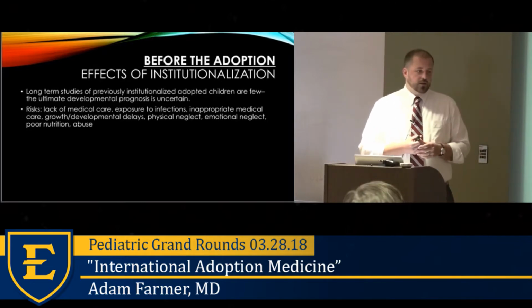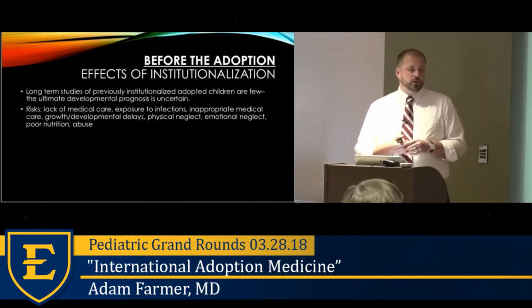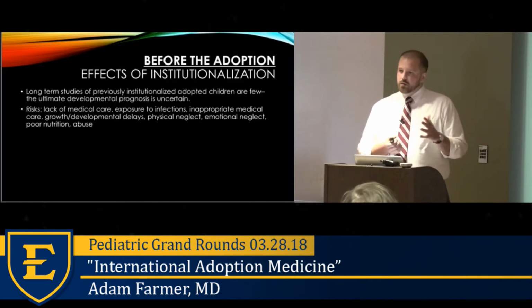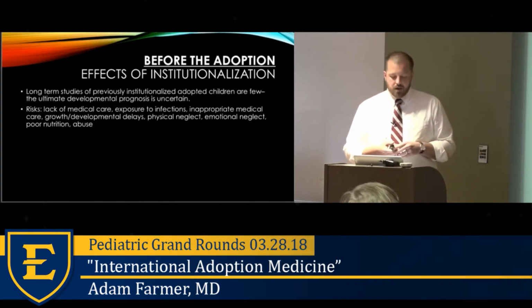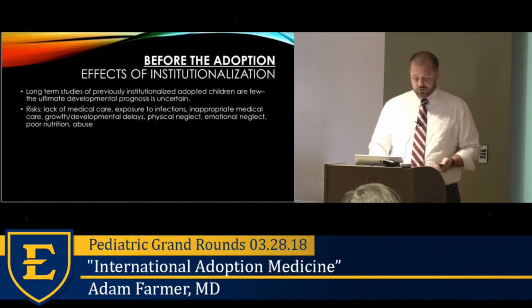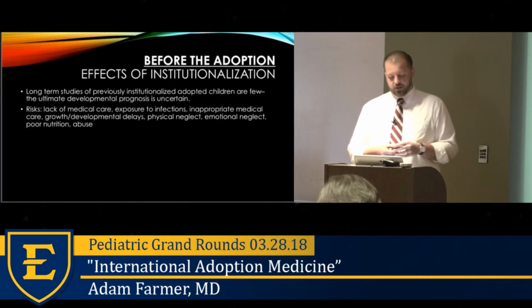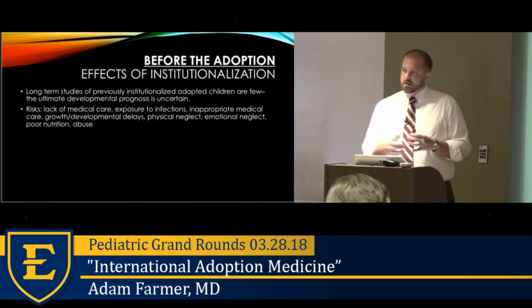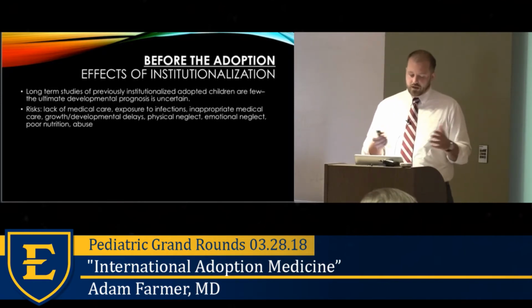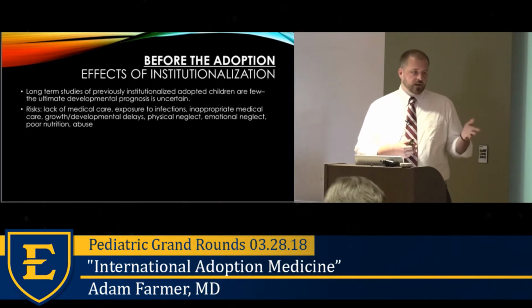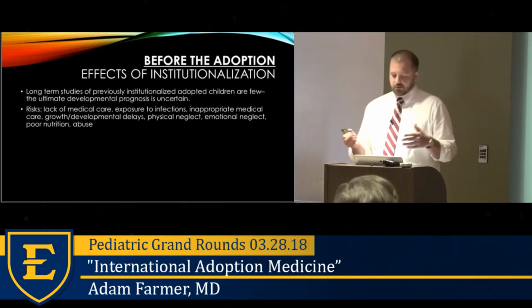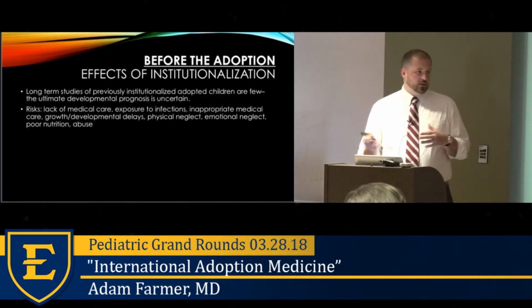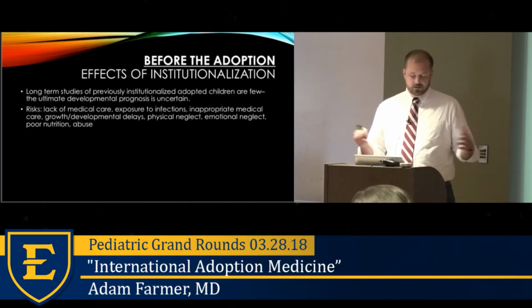The results aren't great, but they roughly show that about a third were doing well 10 years after they had been adopted. A third were having some minor residual problems, and another third were having pretty serious medical, developmental, or behavioral sequelae still 10 years after being adopted. Of note, that article mentioned that age at the time of adoption was the most predictive factor. Those adopted younger had less sequelae.